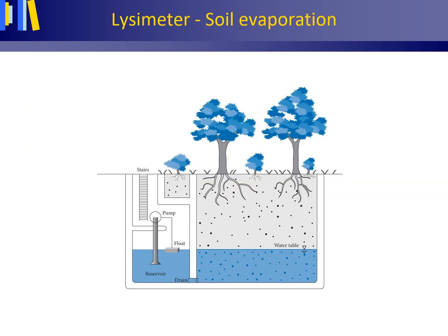A good way to obtain values of actual or potential evaporation is by installing a lysimeter. A lysimeter, as shown in this picture, is a device made of steel, concrete, or synthetic material dug into the terrain, in which a volume of soil, usually with vegetation, is isolated hydrologically, preventing leakage from the device.